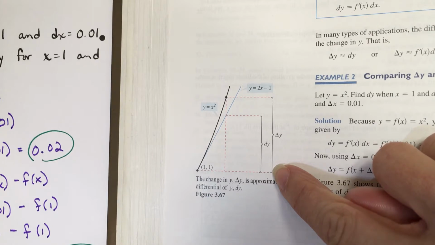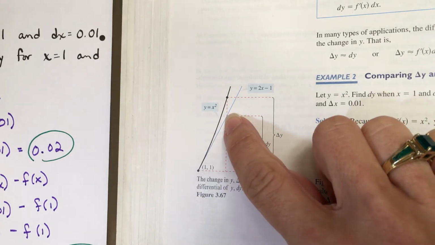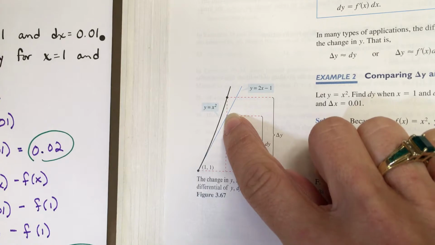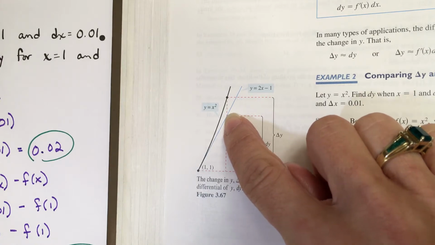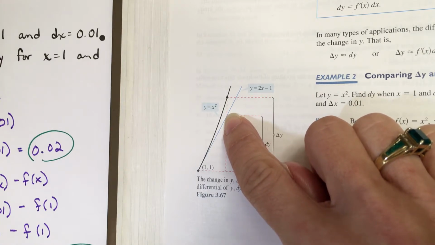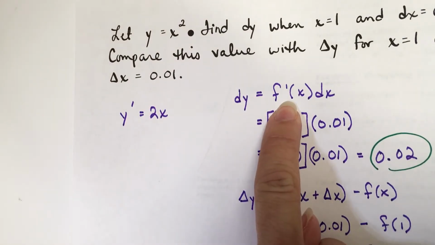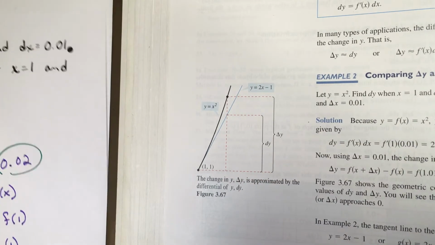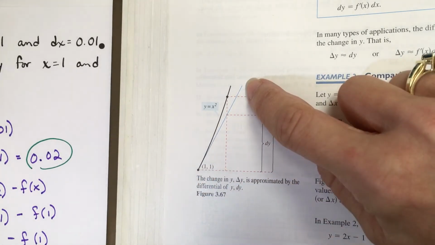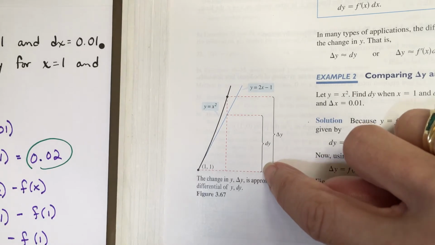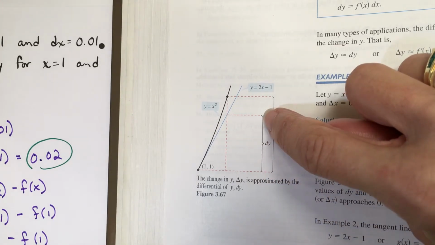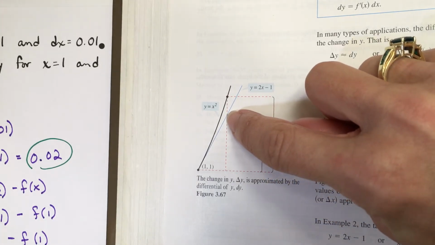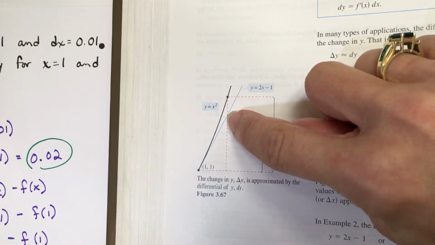So the dy is using your tangent line to get the approximation, okay? Because we used our derivative, remember? When we did dy, we used our derivative. So that's what leans you toward the fact that you're dealing with your tangent line. So this distance comes over and touches your tangent line.